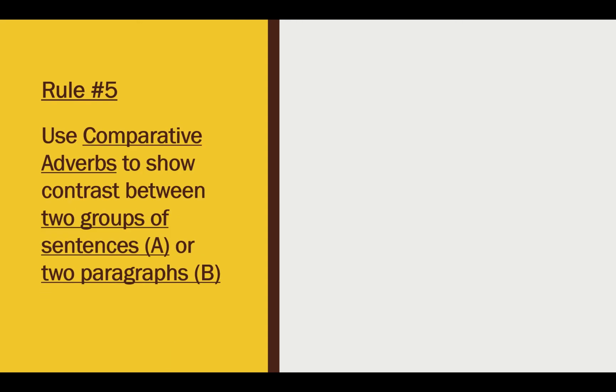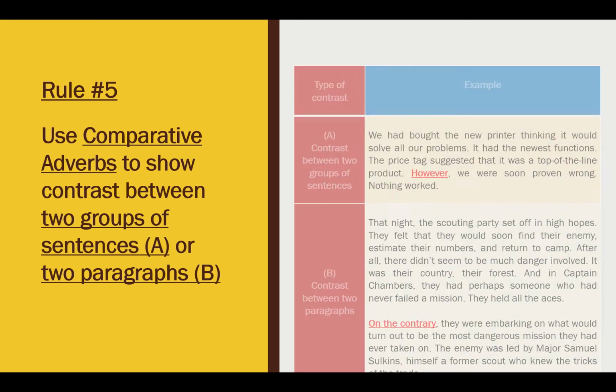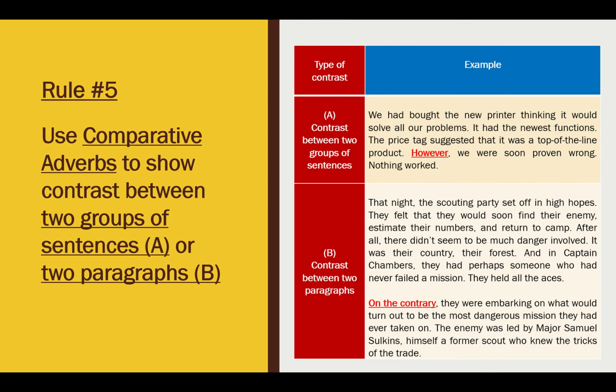Rule number 5. Use comparative adverbs to show contrast between two groups of sentences or even two paragraphs. If you look at the table here on top, between sentences: we had bought the new printer thinking it would solve all our problems. It had the newest functions. The price tag suggested it was a top-of-the-line product. However, we were soon proven wrong. Nothing worked.